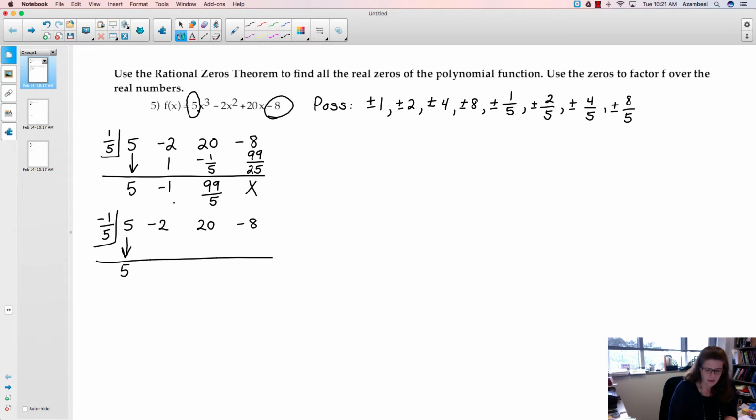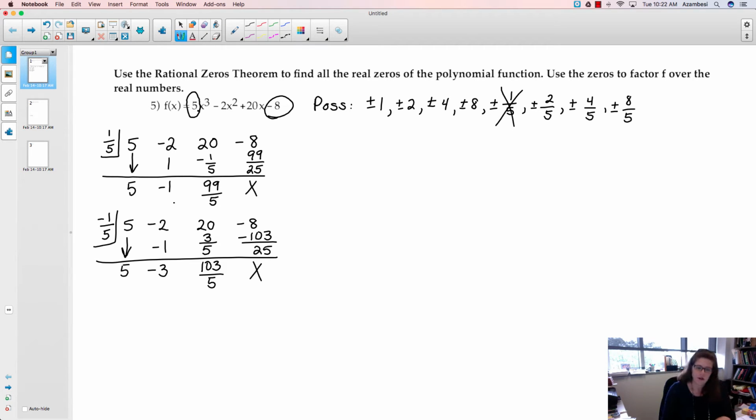Dropping down the 5, I get -1 this time, so -3, and positive 3 over 5. All right, adding those up again, 20 is 100 fifths, so I have 100 plus 3 gives me 103 over 5. Again, multiplying, I'm looking for it to equal 8, but this one is going to end up being a negative value. So -103 over 25 does not give me 0 here. All right, positive and -1/5 are a no-go.